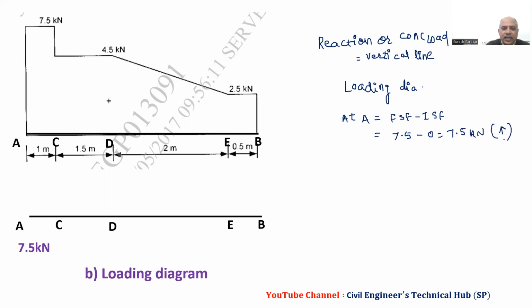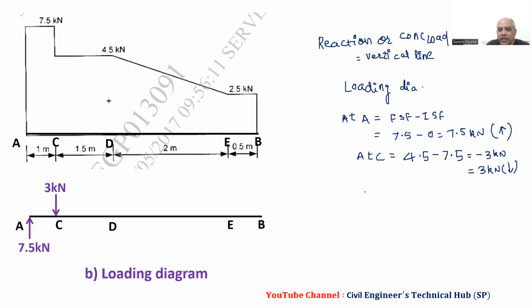So we can draw this as upward 7.5. Then no load between A to C. Then at C, final shear force is 4.5 and the initial is minus 7.5, and we get minus 3 kilonewton, meaning 3 kilonewton downward. Then till D we do not have anything.